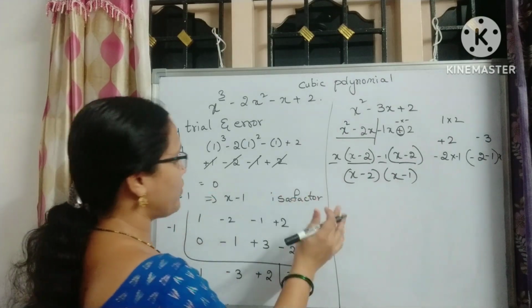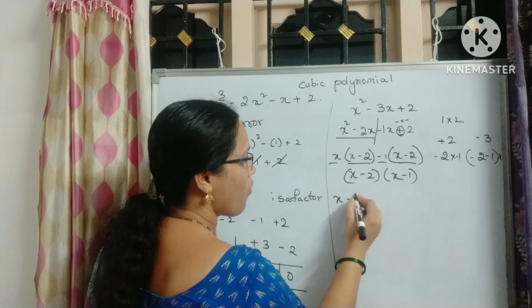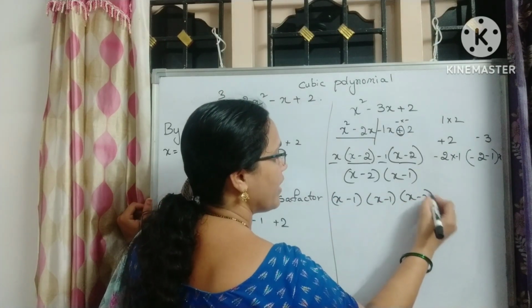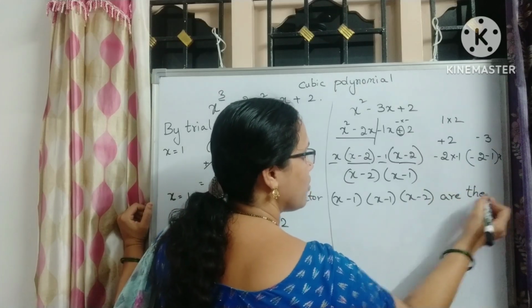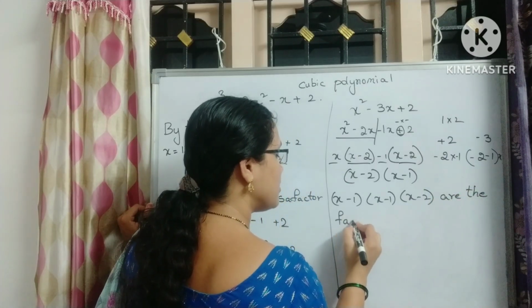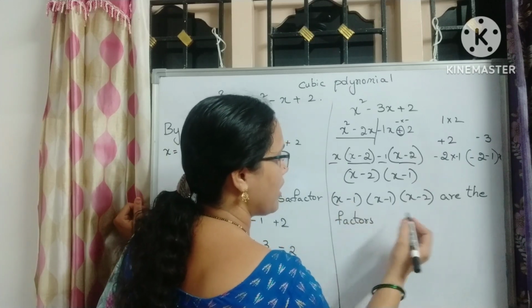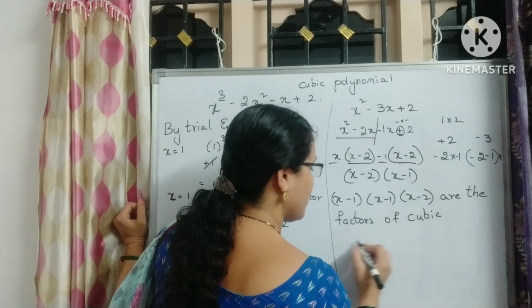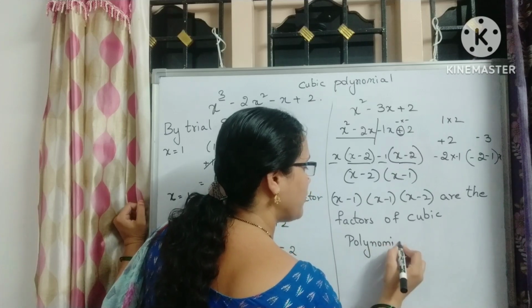So these two are the other factors of this cubic polynomial. See here children, all of you once again. What is the first factor? x minus 1 into x minus 1 into x minus 2 are the factors of this cubic polynomial. Is that clear all of you?